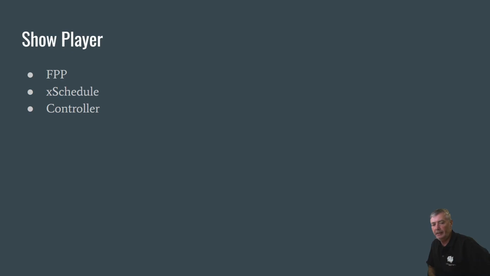And then, like I said, the Hinkspiks and the Falcons do have a show player built in. I suspect less than 5%, potentially substantially less than 5% of users would be using something like a Hinks or a Falcon as their show player. The capabilities there are definitely significantly more limited.